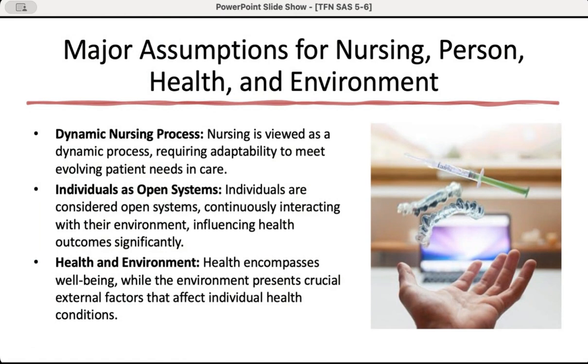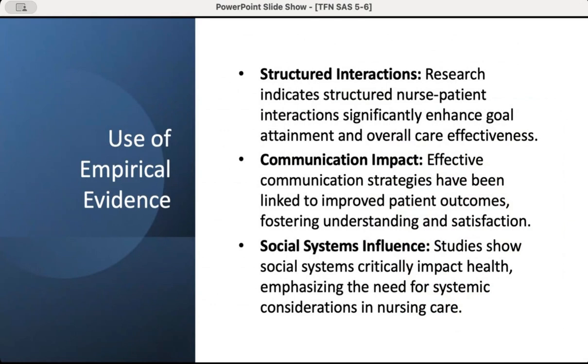And health encompasses well-being, while the environment presents crucial external factors that affect individual health condition. And in research, it indicates structured nurse-patient interaction significantly enhances goal attainment and overall care effectiveness. So if there is proper collaboration and proper communication, there would be an attainment of goal for your patient.